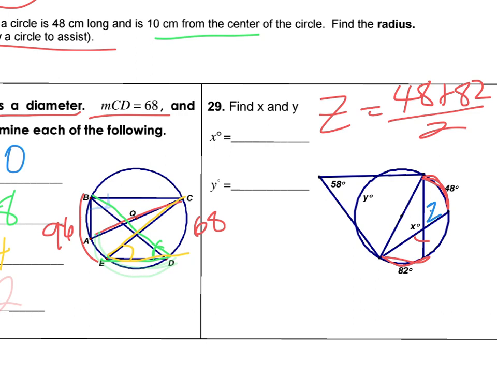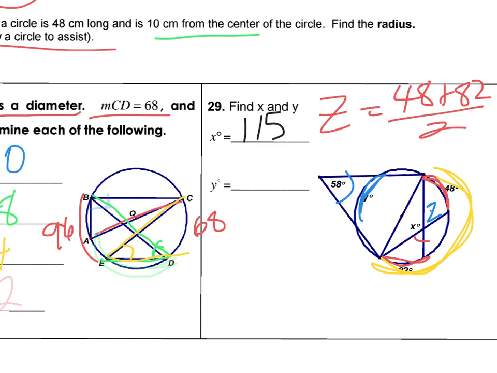So once you see that, I believe that was 65 when we get that. Then that makes it easy to see that this is 115, because these two are a linear pair. Now for your y, I believe I told you to use your exterior angle, because the 58 is the exterior angle and it corresponds with this arc here, which is where the y is.